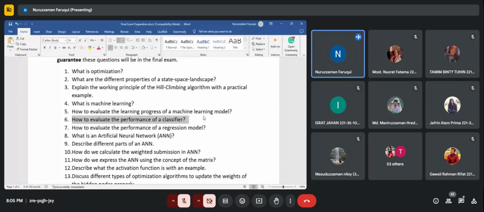Or there could be a scenario from where you have to understand how to create the confusion matrix. So the question will revolve around the confusion matrix or the evaluation process of a classifier. So this is the base. On top of the base, you have to build the structure of your response.